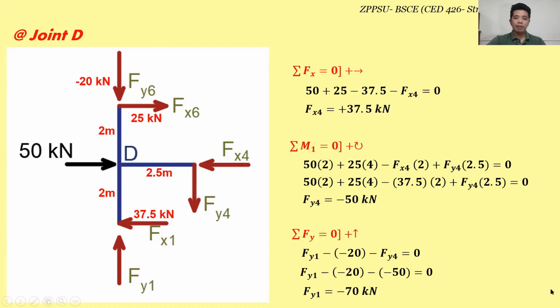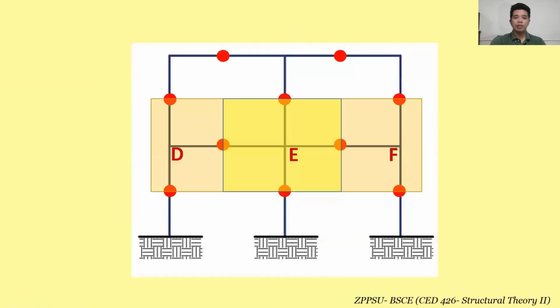So fy1 minus 20. Ito, pababa siya, pero negative. So minus na dahil pababa, and then carry the sign of its value from the previous solutions. Minus fy4, ito, equal to 0. So fy1 is negative 70 kilonewtons. Tapos na tayo sa joint D.